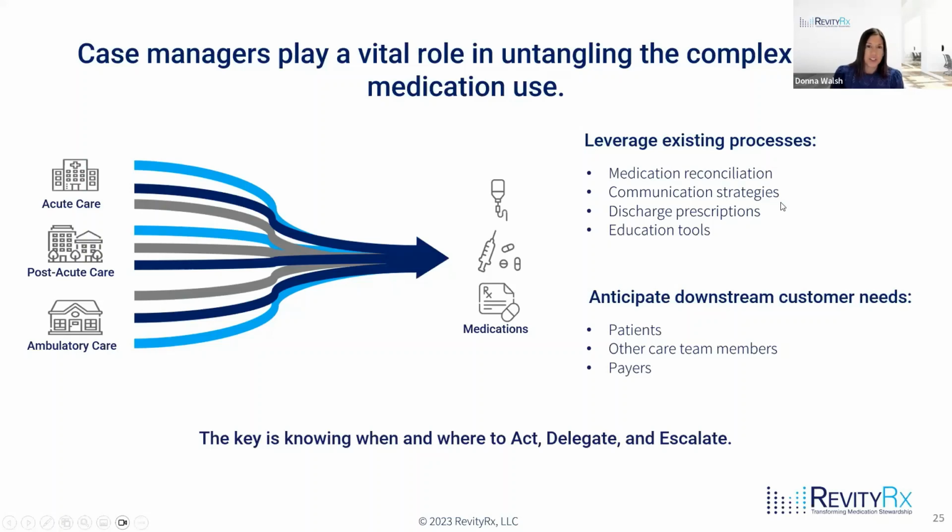I know you probably heard us harp on this quite a bit, but I think ultimately we're very much about engaging the entire care team in the med use process and making sure that the key is being able to identify what you're in control of, what you can actually impact in your current role, and then what you prioritize to then be able to share with the rest of the care team, either that you've acted on something, you've delegated something to another care team member, or you've escalated it to the appropriate clinician.